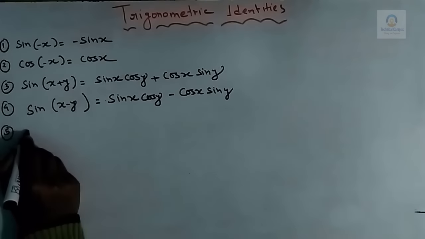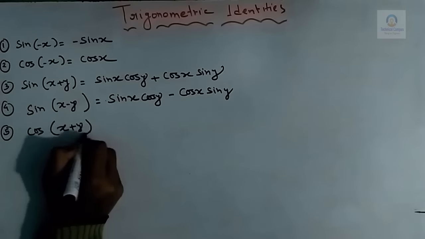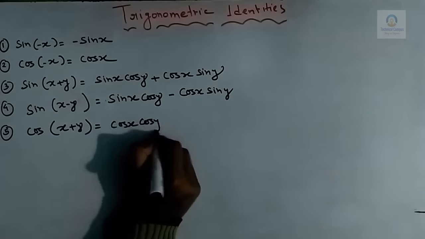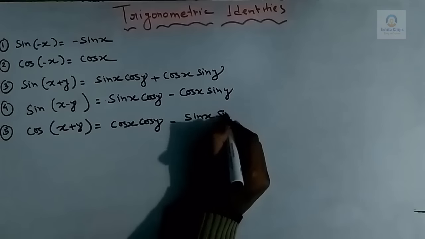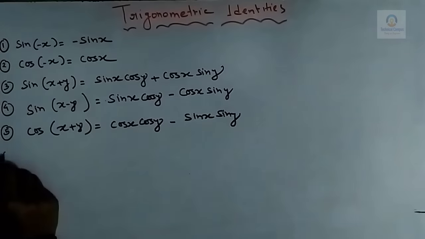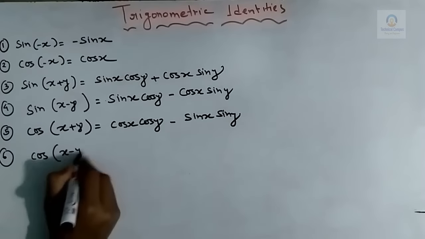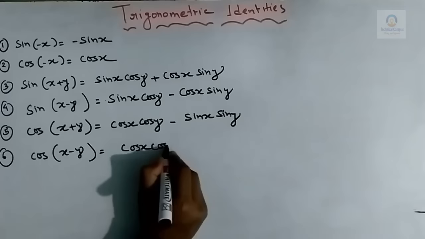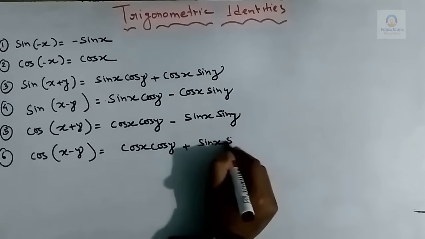Number 5 is cos of x plus y is equal to cos x cos y minus sin x sin y. Number 6 is cos of x minus y is equal to cos x cos y plus sin x sin y.